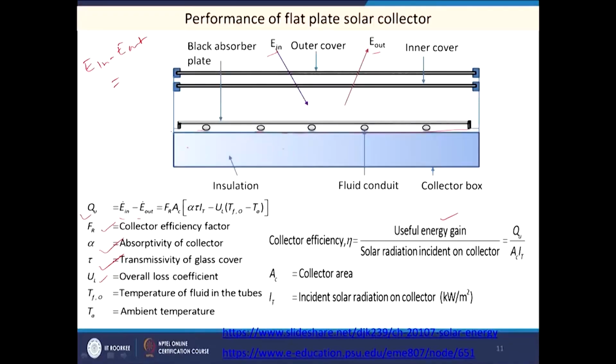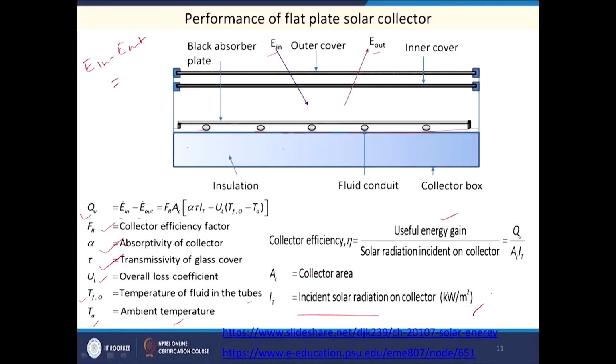And T F and T O, the temperature of the fluid in the tubes and the ambient temperature, will also influence the performance. And another important one is incident solar radiation on the collector. The radiation coming on the collector will also influence the process performance.